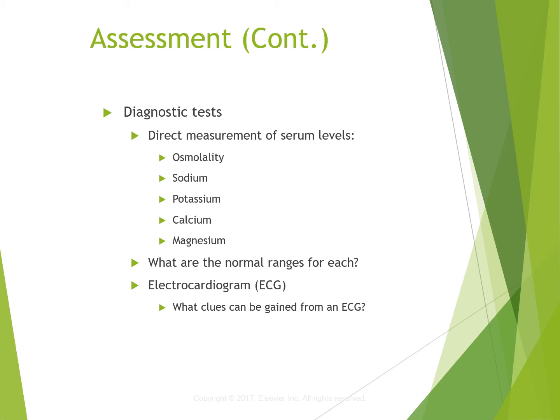And the potassium is 3.5 to 5. The magnesium is 1.3 to 2.1. EKGs can show changes from electrolytes, especially with potassium levels, and I think it's an inverted U wave at the end of the QRS T that would indicate an imbalance as well.